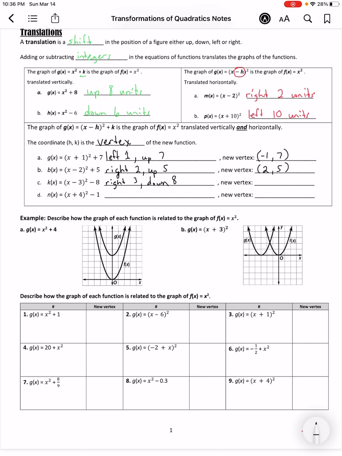That minus 8 on the end means down 8 units. So my new vertex would be 3, comma, negative 8. On my last one, it's x plus 4 all squared minus 1. So that is left 4 and down 1. So that would be negative 4, negative 1.